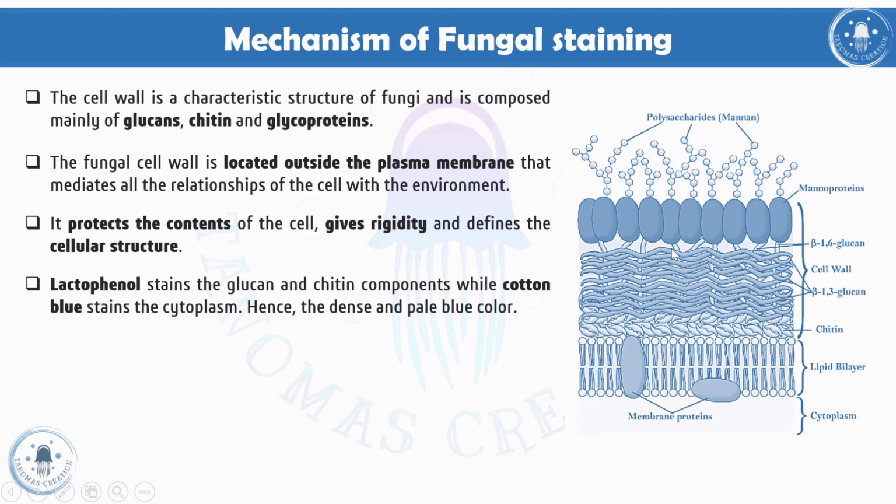That is why they have taken up the lactophenol cotton blue solution, and they appear dense blue in color, whereas the cotton blue stains the cytoplasm below it. And since the network is very loose in the cytoplasm, it's a fluid structure, it will give a pale blue color. Okay, so this is how the stain gives different colors at different densities.